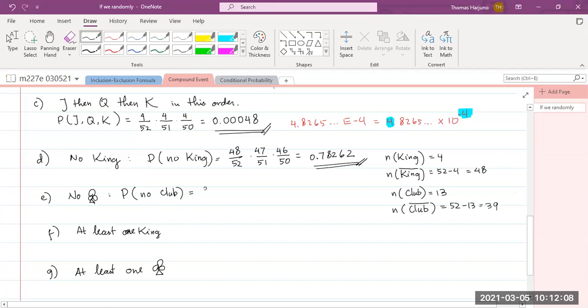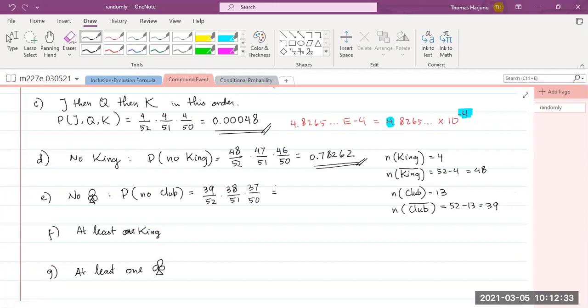So the probability that the first one is not a club is 39 over 52 times 38 over 51 times the third card, which is not club, the probability is 37 over 50. That will be 39 times 38 times 37 over the product of 52, 51, and 50. That's 0.413529. So I round it to 3.